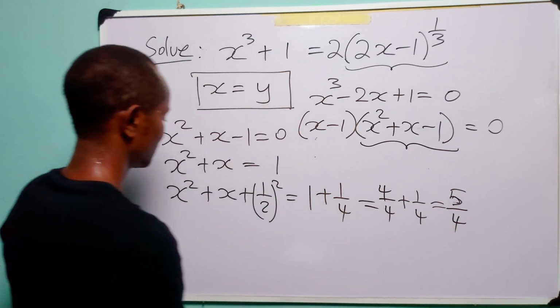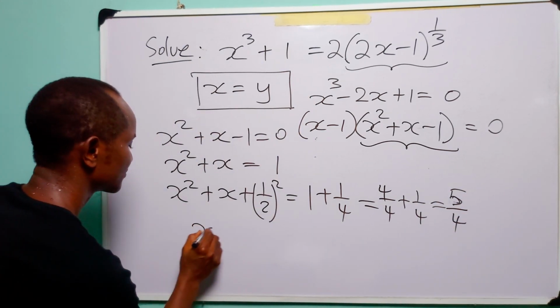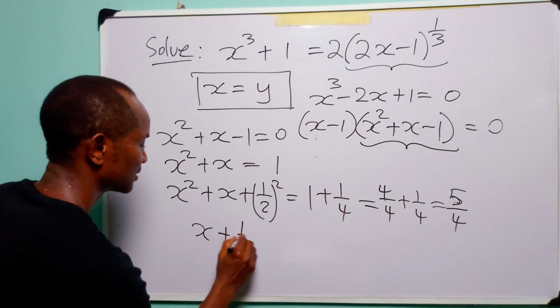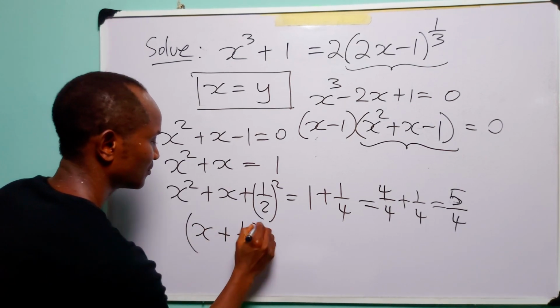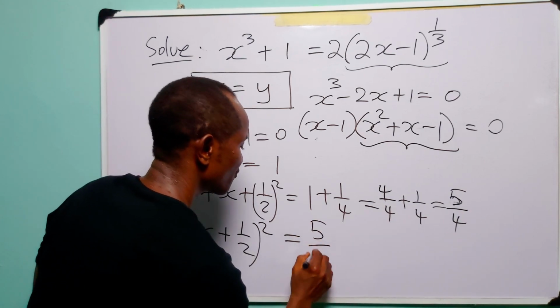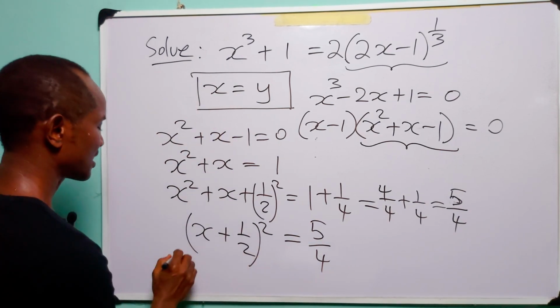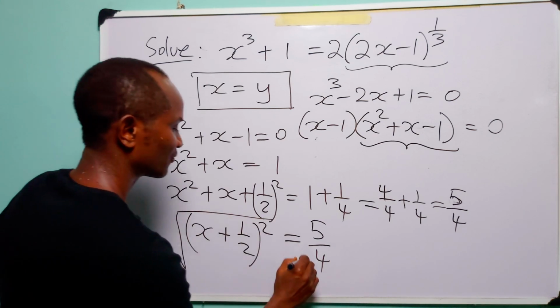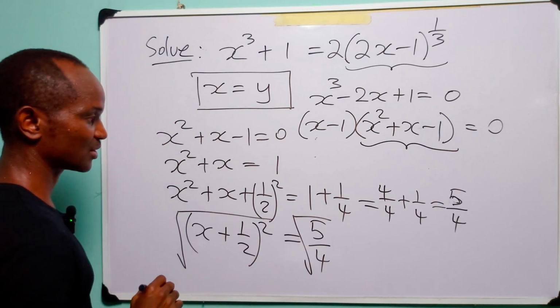And of course, that is equal to 5 over 4. So we have x plus half, squared, is equal to 5 over 4. The next step is to take the square root of both sides of this equation.